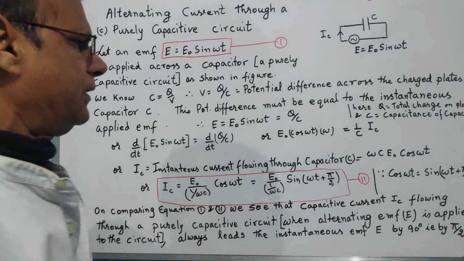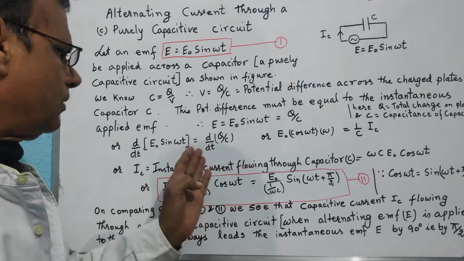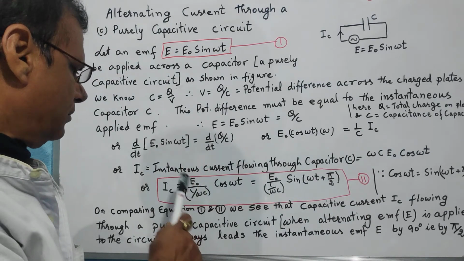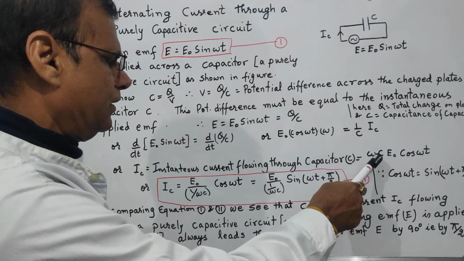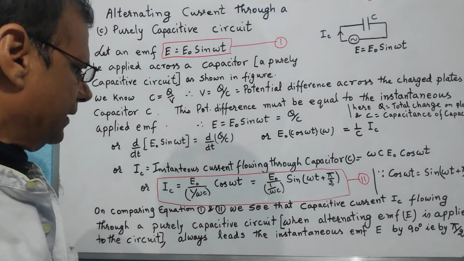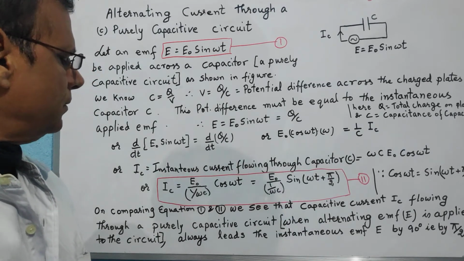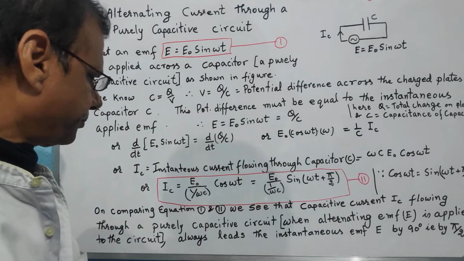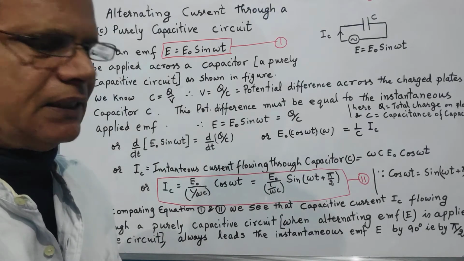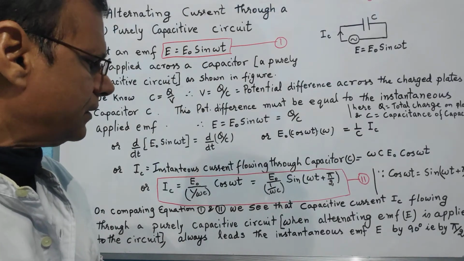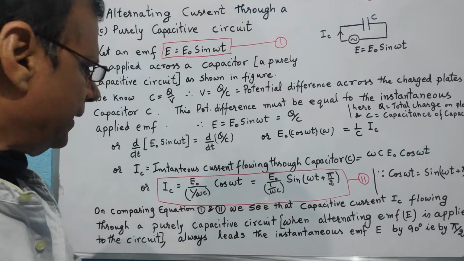So we get omega C E0 cos omega t equal to IC. Now we rearrange it. The omega C is in the numerator, and we rearrange it to write it in the denominator, so that it acquires a particular form which we shall be needing just after this topic is completed.